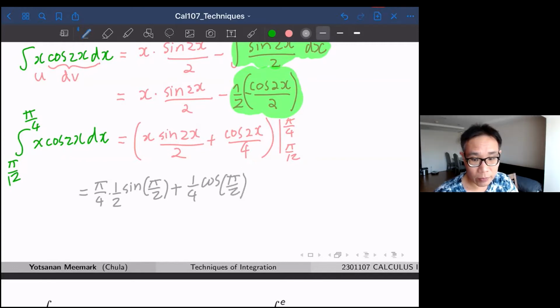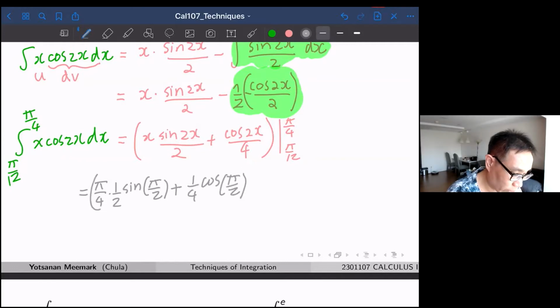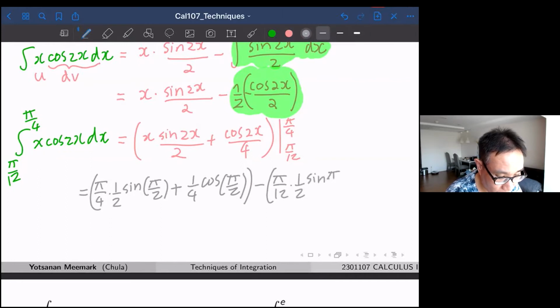Okay, so that's my first term. The second term turned out to be pi over 12, 1/2 sin pi over 6, plus 1/4 cos pi over 6.